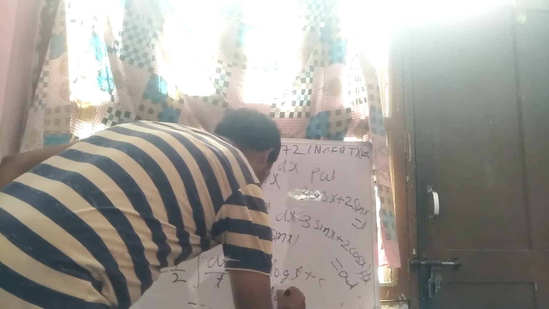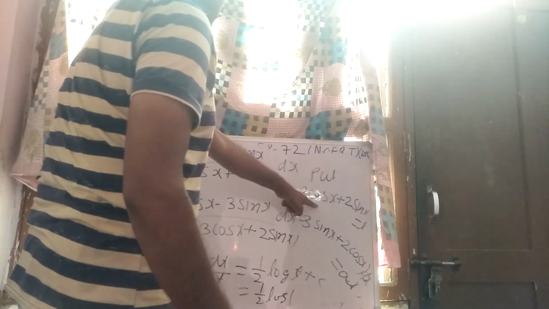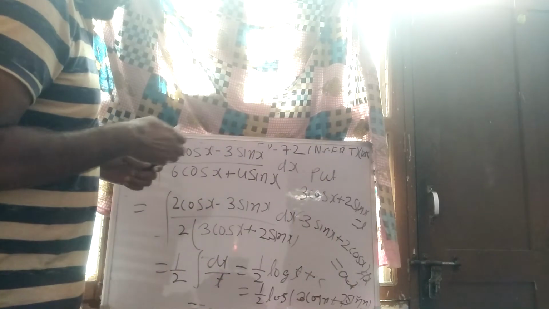We also have the value of t: 3 cos x plus 2 sin x. This is the complete answer, and we have to explain.